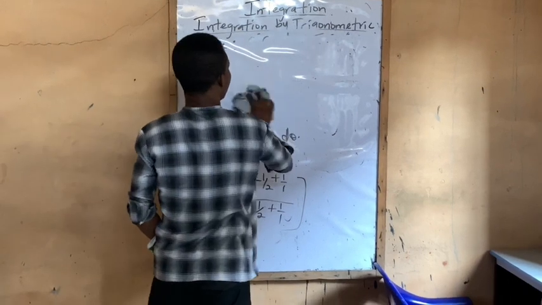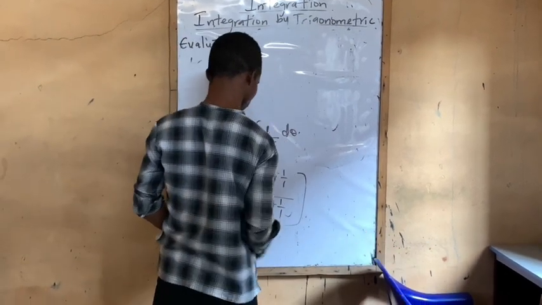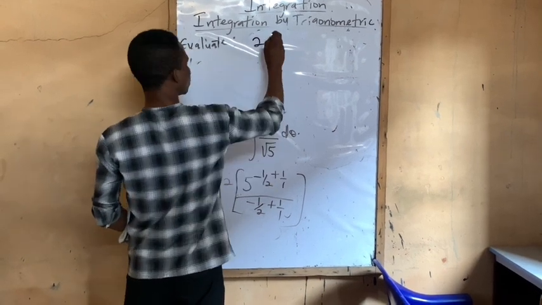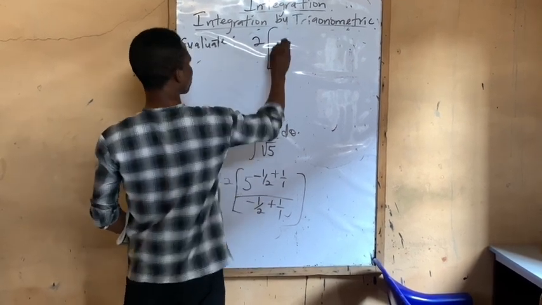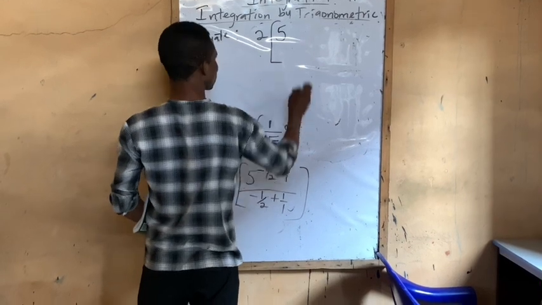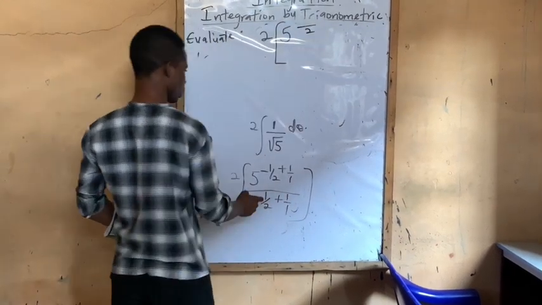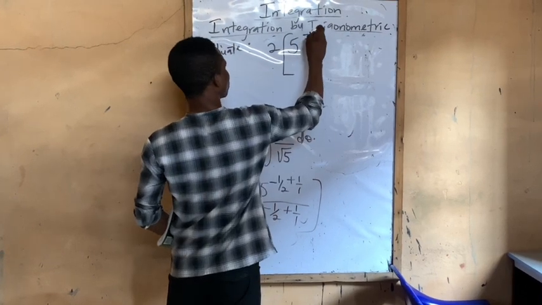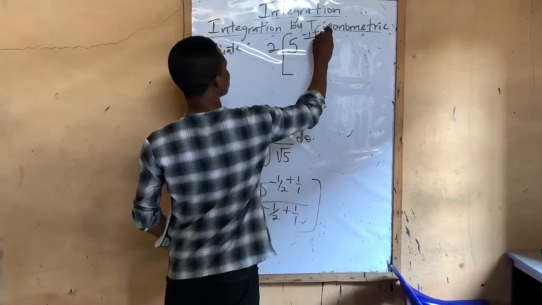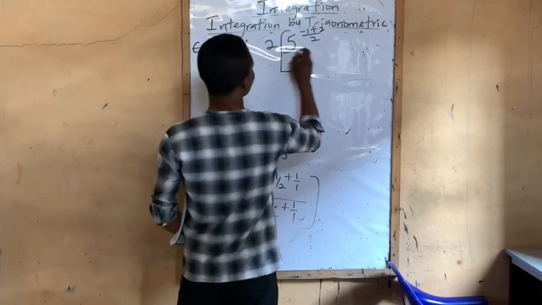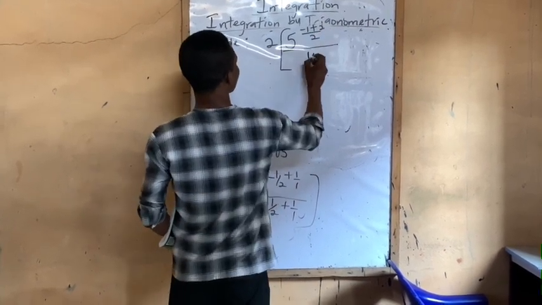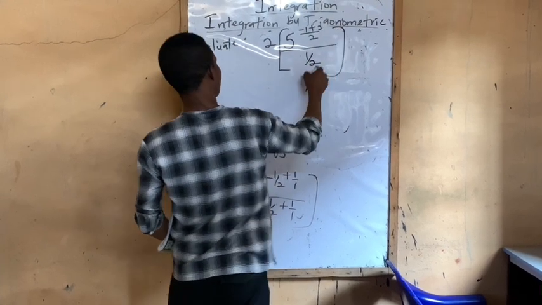So that means we are having 2 open bracket 5. The LCM will be 2. 2 into that is 1, 1 times minus 1, minus 1, plus that is 2, all over minus 1 plus 2, that is 1 over 2, because what we have here is what we bring down here.